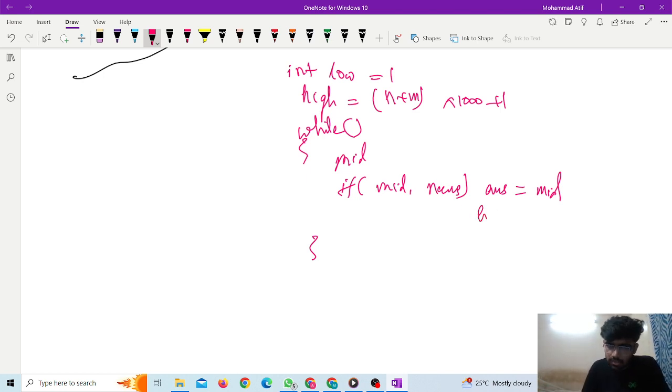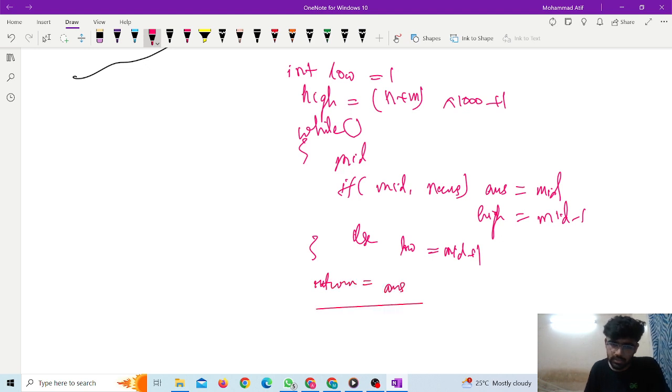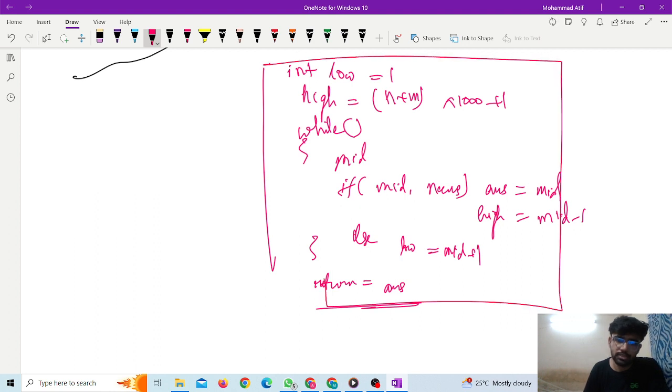That means high is equal to mid minus 1, else low is equal to mid plus 1, and in the end we will simply return answer. This is the binary search pseudocode.